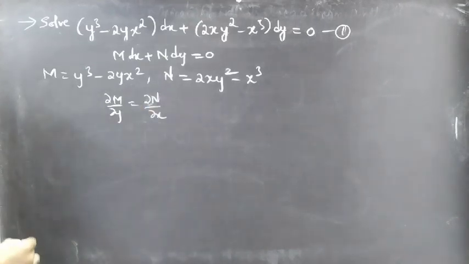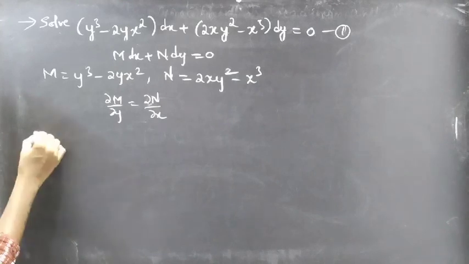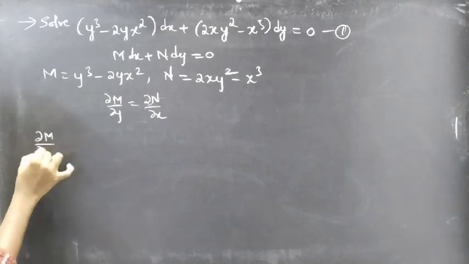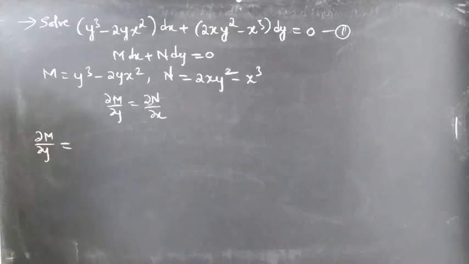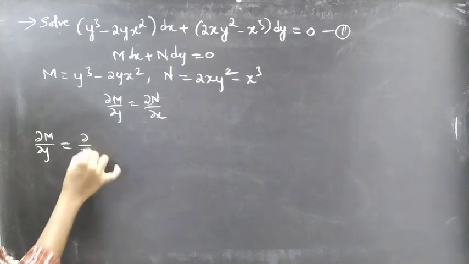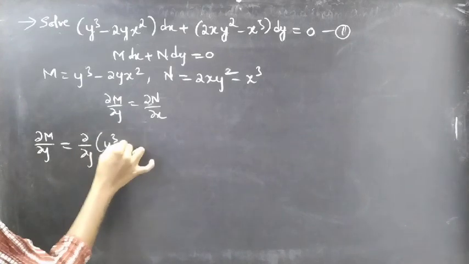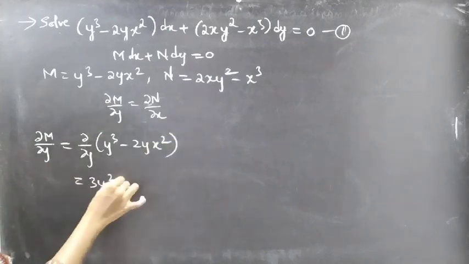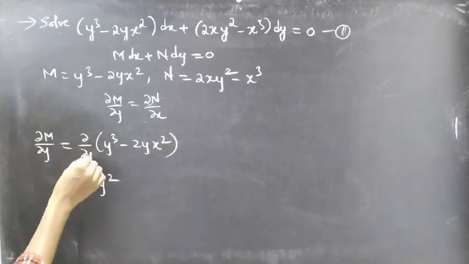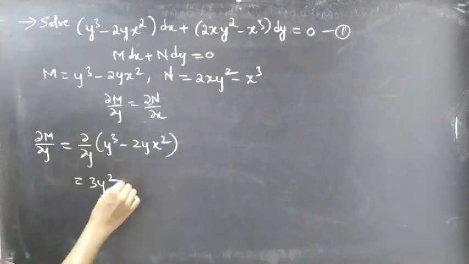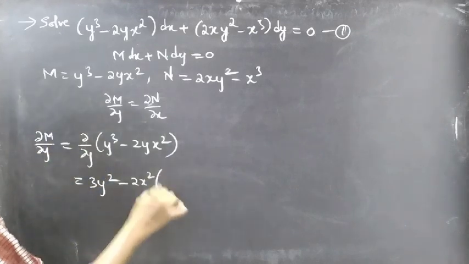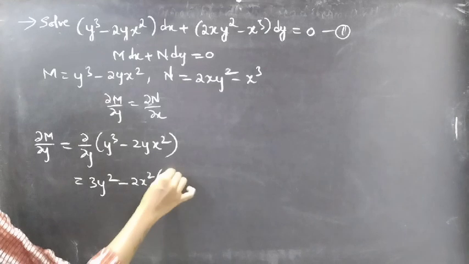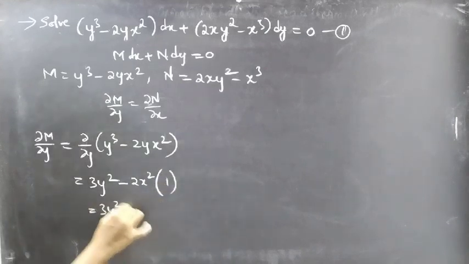Let's now find partial derivative of m with respect to y and partial derivative of n with respect to x. Partial derivative of m with respect to y is 3y square. Since it is partial derivative with respect to y, x is treated as constant, minus 2x square into partial derivative of y with respect to y is 1, which equals 3y square minus 2x square.